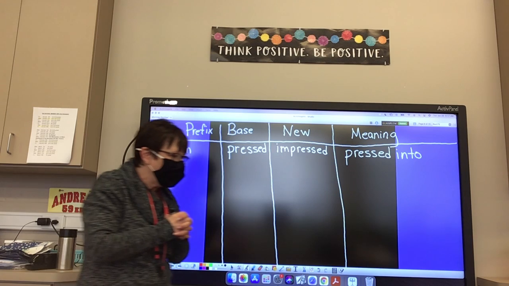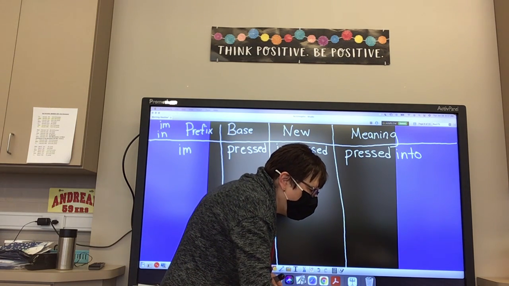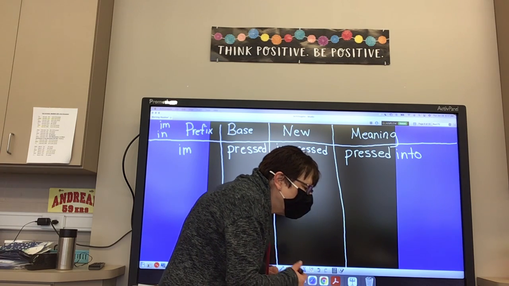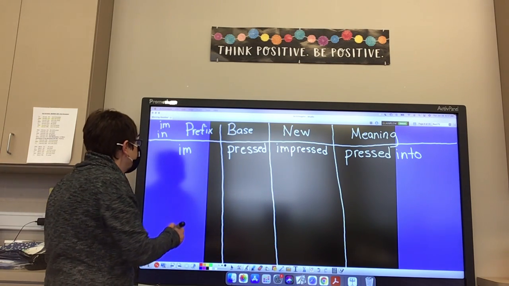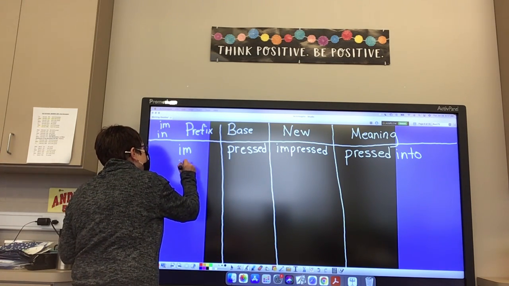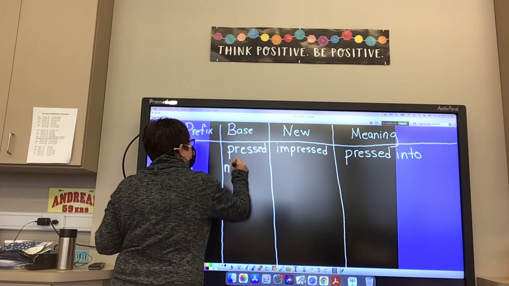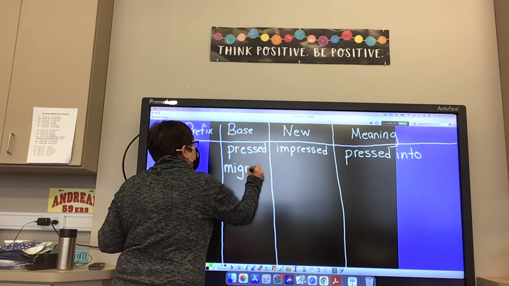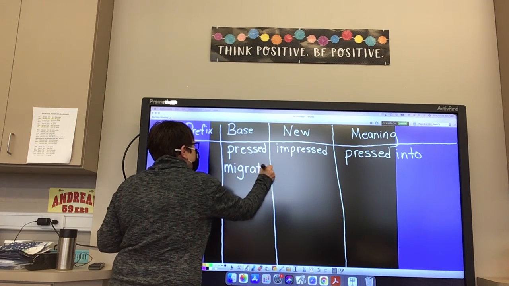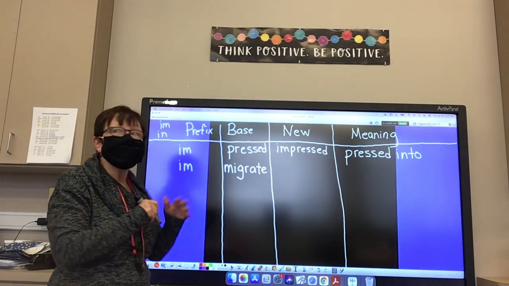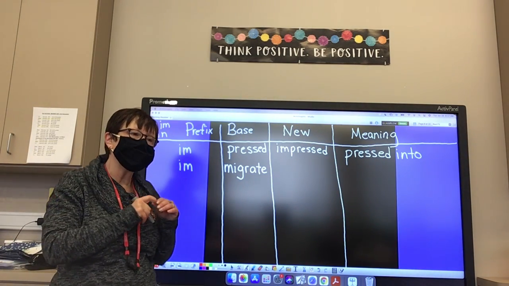Okay? How about our word, let's do IM again. And let's do the word migrate. And what does that word mean? IM plus migrate is what word, Ethan?